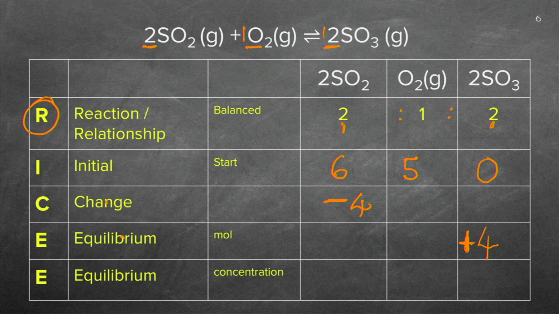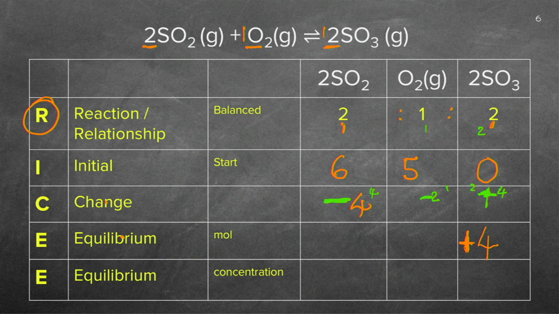Right, I know this one is forming 4 here, so it's plus 4 there, then it's 4 to 4. This one is a 1 to 2, so if 4 is forming, 2 is being used. So minus 4 there, minus 2 here, and plus 4 there.